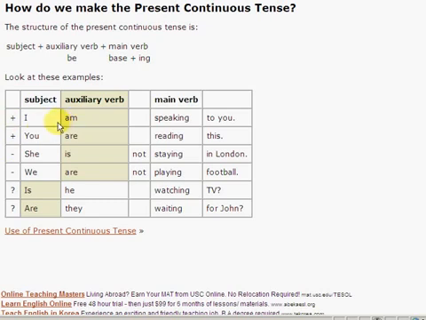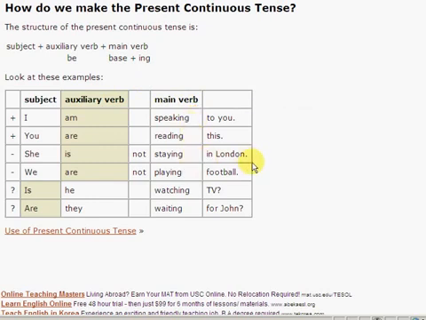According to our structure, our subject should be first, so we have I and you, followed by our auxiliary verb am and are, and then our main verb in ing form, speaking and reading.